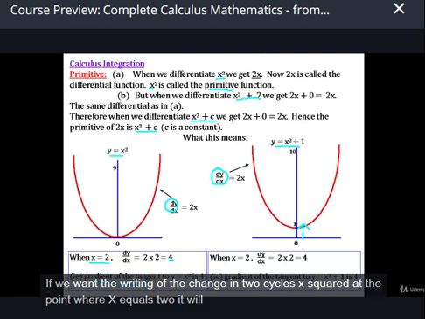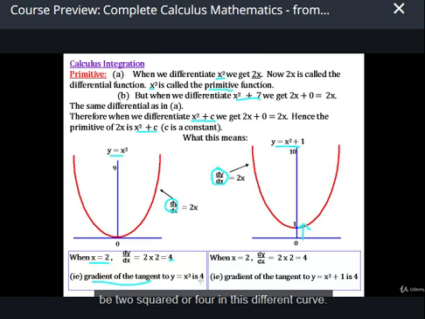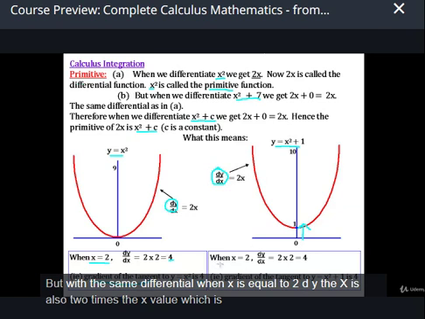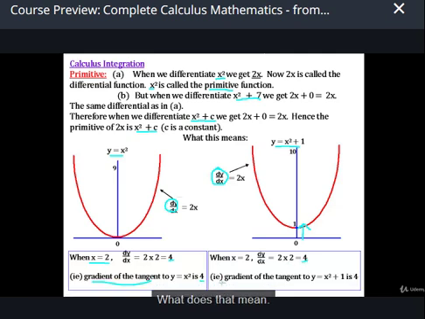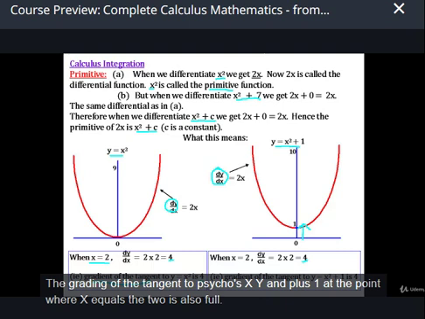If we want the gradient of the tangent to y equals x squared at the point where x equals 2, it will be 2 times 2, or 4. In this different curve, but with the same differential, when x is equal to 2, dy dx is also 2 times the x value, which is 4. What does that mean? The gradient of the tangent to y equals x squared plus 1 at the point where x equals 2 is also 4.